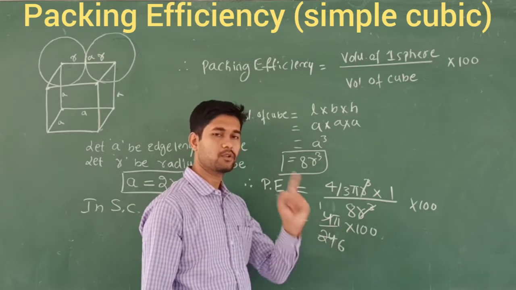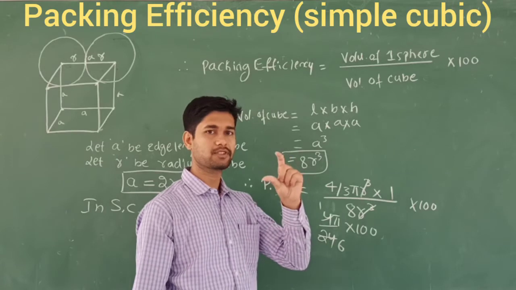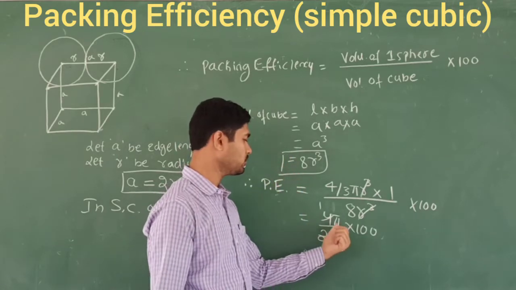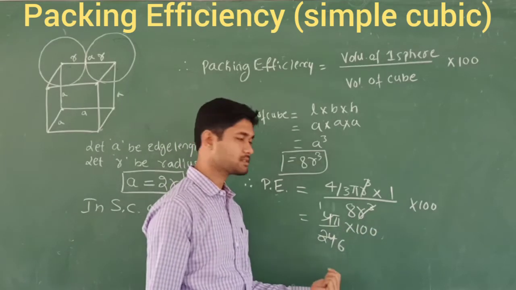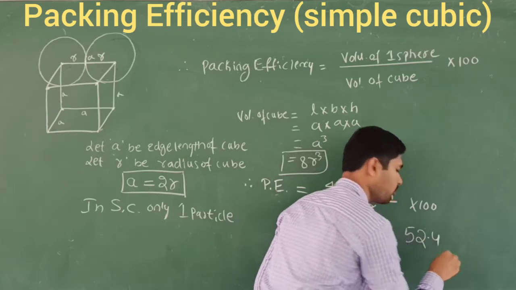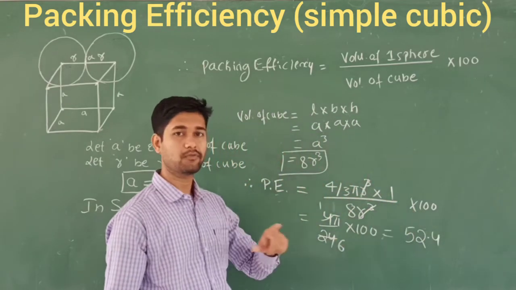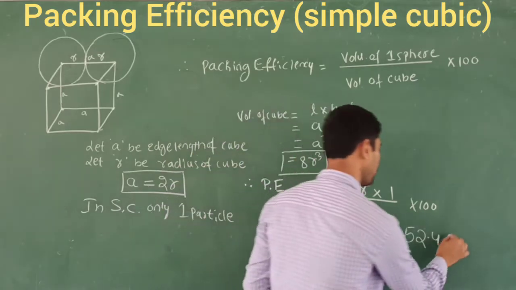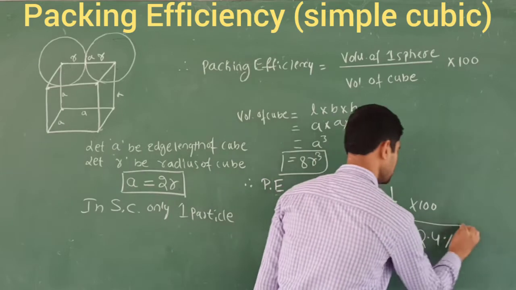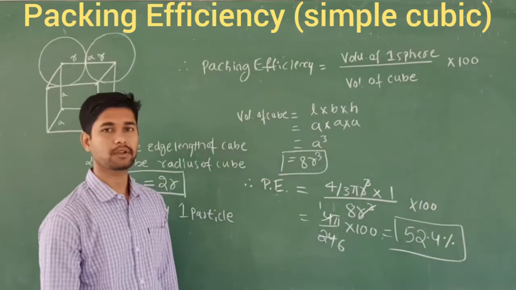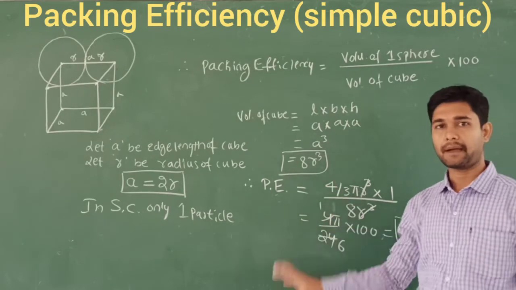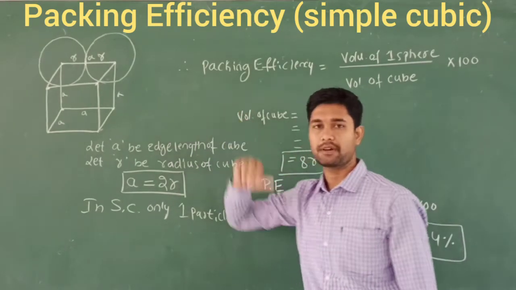Pi, you know the value, 22 by 7, and after the simple calculation you get pi as 3.14. 3.14 into 100 divided by 6, you are going to obtain the value 52.4. And it is in percentage because we are going to find out in percentage, right? That is 52.4 percent. This is the packing efficiency in a simple cubic unit cell. So this is the simple derivation to find the packing efficiency in the simple cubic unit cell.